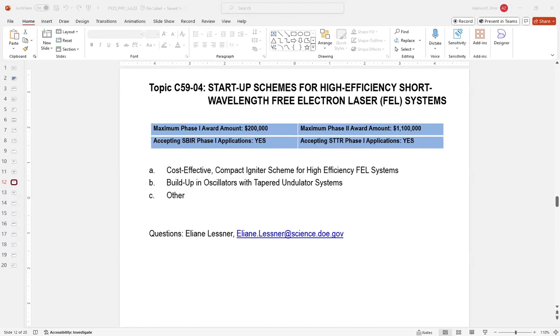Subtopic B is basically about coming up with ideas to enhance the buildup in the oscillator with a tapered undulator system, which is essentially the development of a mechanism for assisting the buildup from low signal to very high circulating power in a tapered undulator-based FEL oscillator.